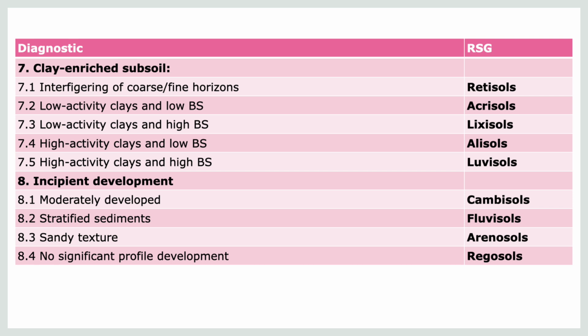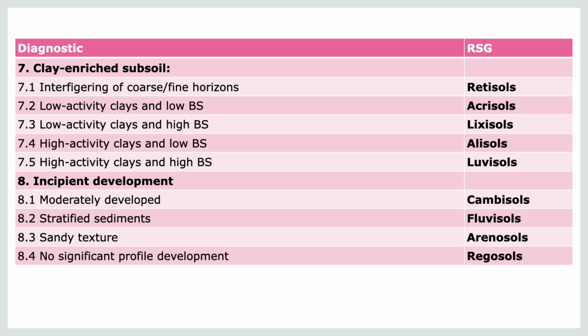And the last one, those soils that don't register a significant profile development, they don't register a B horizon, they don't have any specific soil process that create those soils, they don't have any specific property or diagnostic horizon that helps you to classify as any other of the RSGs possible.